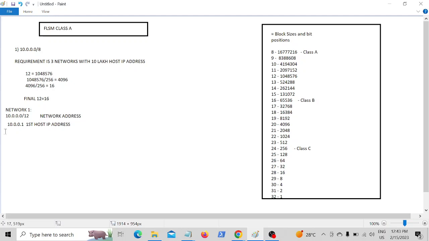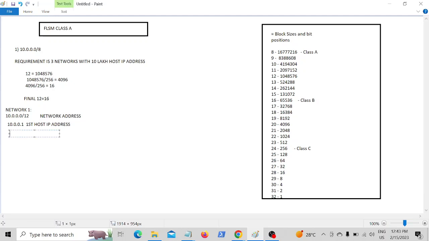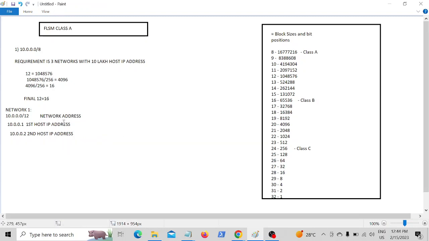Next, 10.0.0.2 will be the second host IP address.